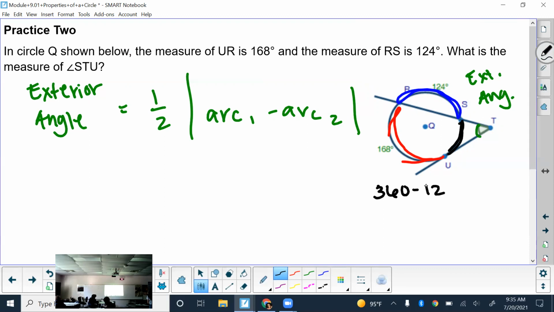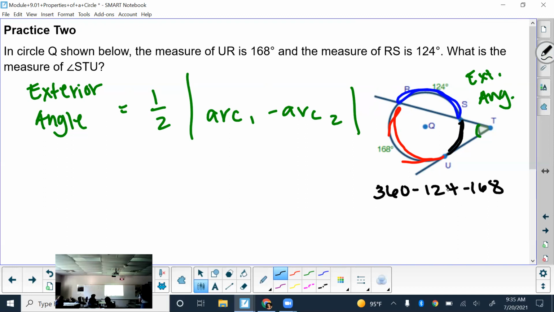Good. All right, so this whole circle, a full rotation, would be 360. So to find what that other intersected arc is, you're going to subtract the parts that you do know. Which is what Shelby said, just in different terms. She added them together first and subtracted it.